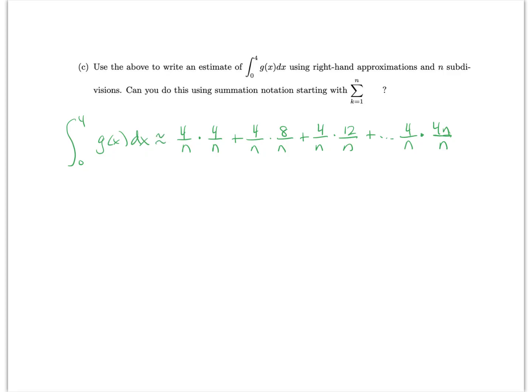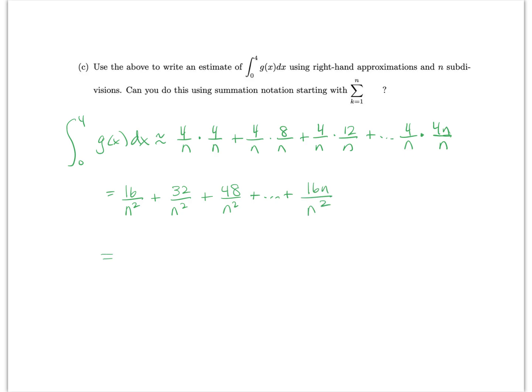So this ends up being 16 over n squared plus 32 over n squared plus 48 over n squared plus dot dot dot plus 16n over n squared.